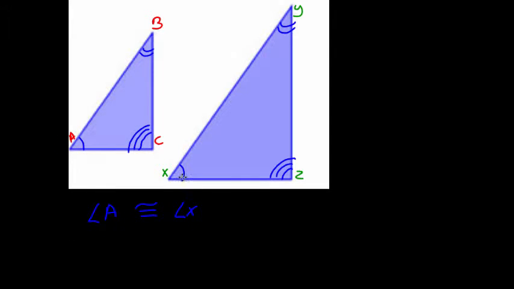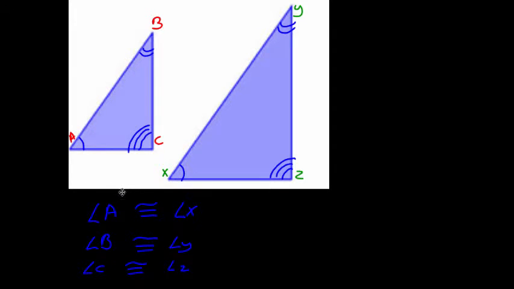I can set this up for all three angles. So angle B, and who's his congruent side? Angle Y. Squiggle line, two straight lines. Angle B is congruent to angle Y. The last one, angle C, his congruent angle is angle Z, and they are congruent.